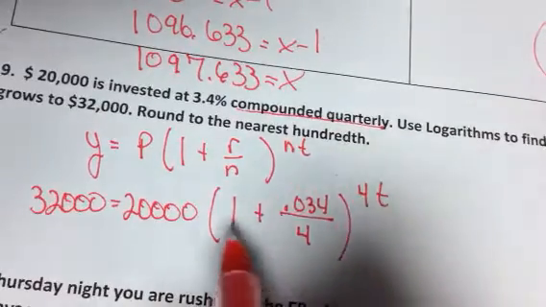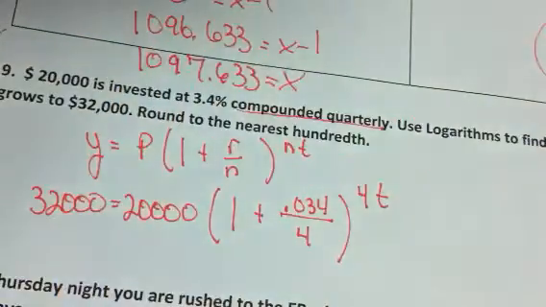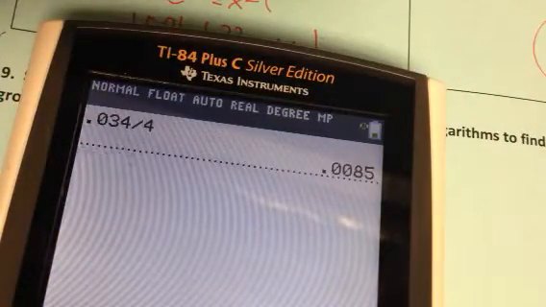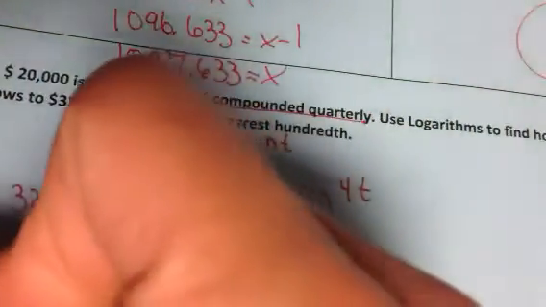So what we're going to do first is just go into the parentheses and get this to be a nice number. So I'm going to take 0.034 and divide it by 4. Okay, just getting that fraction to one number. And then I'm going to add 1 to it. So that's what the parentheses were. So I'm going to rewrite it.